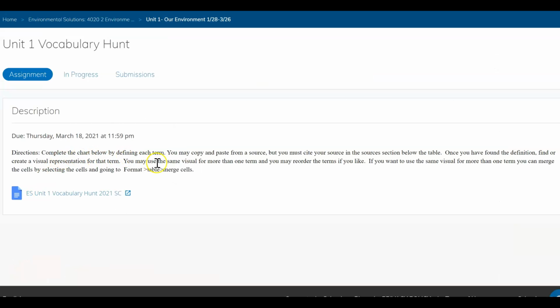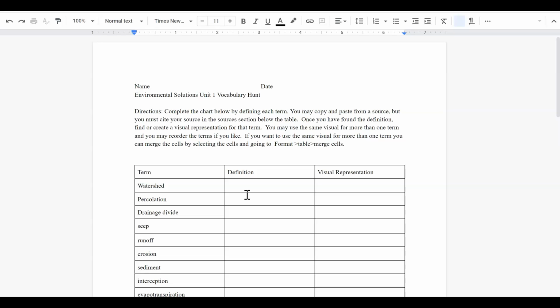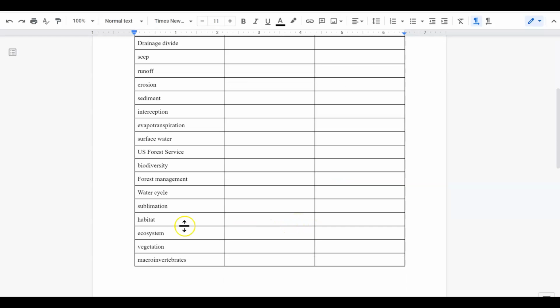So here, students were asked to complete a chart of vocabulary terms, and they were also asked to find a visual representation for each of those terms. So their representation was chosen by them, and there is both text as well as visuals that go along with each of these vocabulary terms.